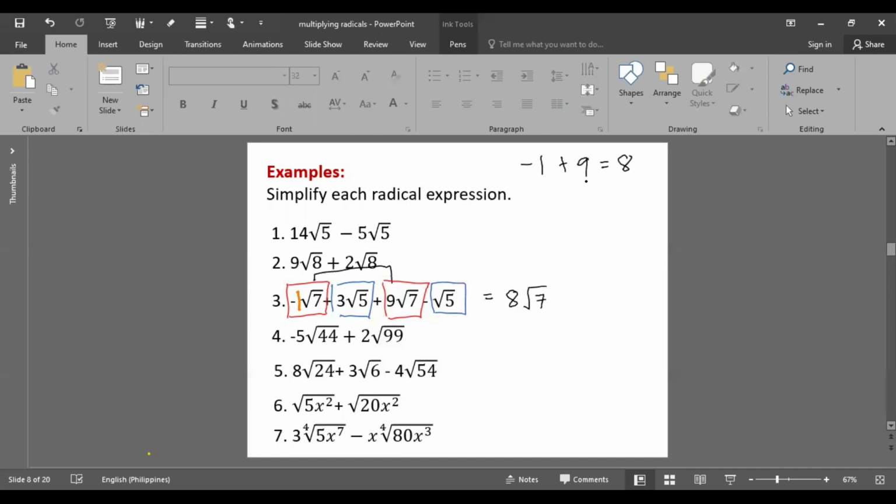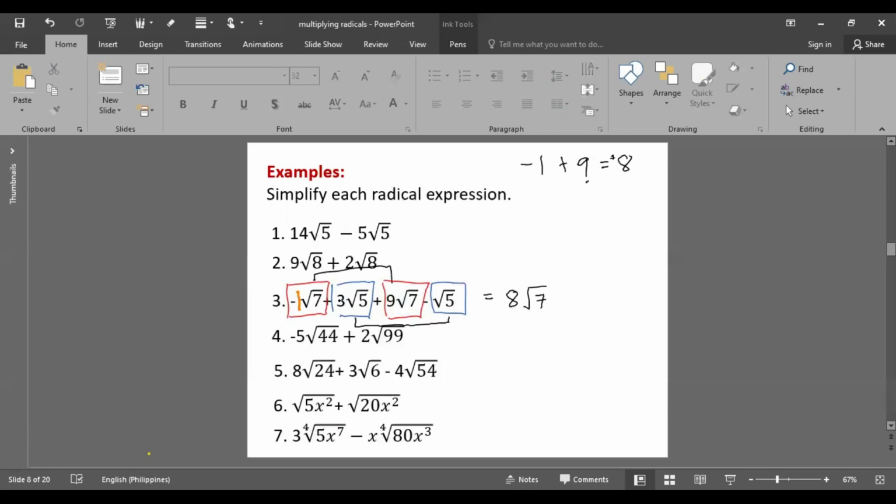They are unlike signs, so we get their difference. Then copy the sign of the number that has a higher absolute value, which is 9. Since 9 is positive, the result is also positive. Then copy the square root of 7.